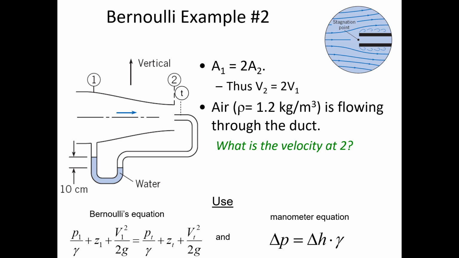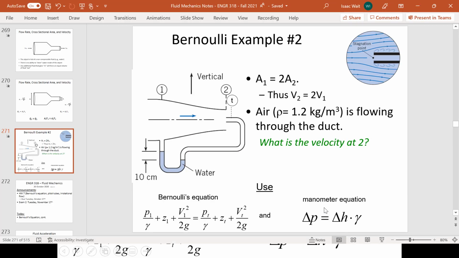So this is the simplified Bernoulli's equation. Now what do we know in that? We don't know V1, and we don't know P_T, and we don't know P1. But this manometer will tell us the change in pressure. So the change in pressure between T and 1 is reflected by the manometer equation.